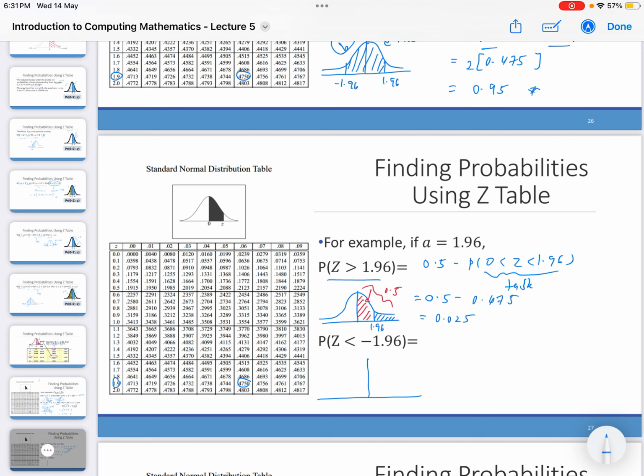We draw the bell curve first. So we have negative 1.96, and then we want probability of z less than this one, which is this one. And then remember, whenever it is on the negative side, we reflect that to the positive side. So we have 1.96 here, and then we want this probability, which is the same as this one. So the answer here is 0.025.